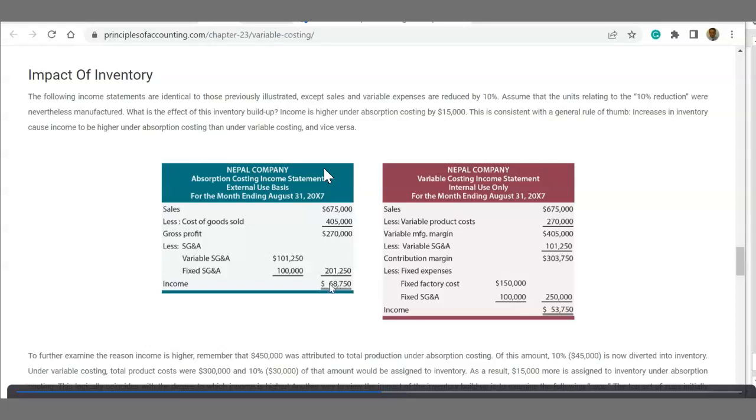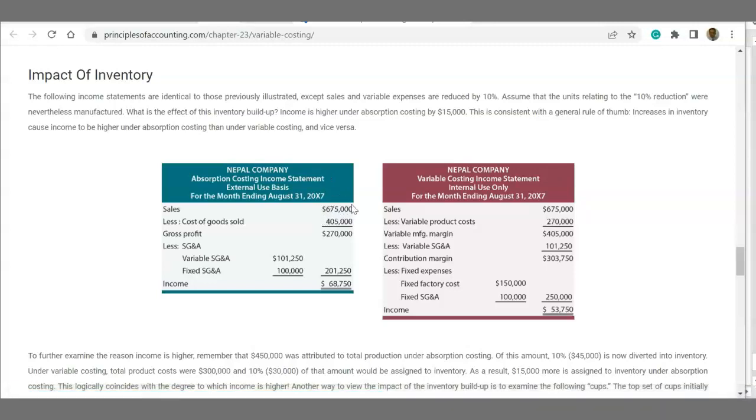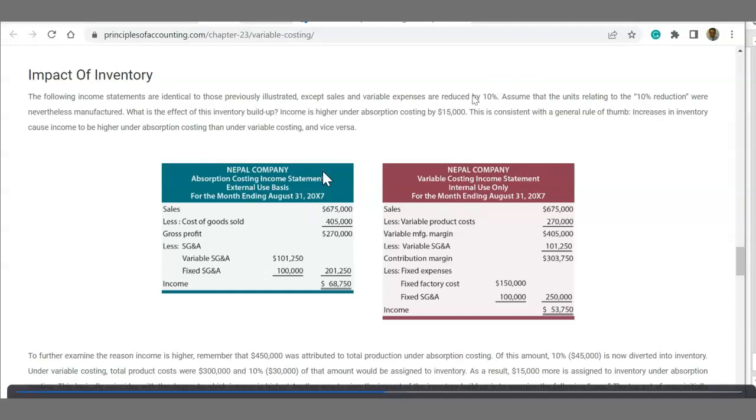So under absorption costing, as you see here, we sold 90% of whatever we produced, and the 10% of production was not sold. One more time: from the complete production, 90% was sold, 10% was not sold.